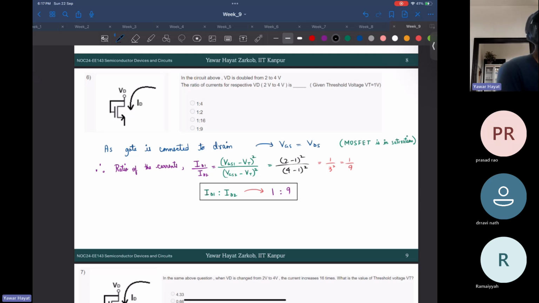Is this fine? That is what I had to compute. VT was 1 volt, that was already given. So ID1 to ID2 is 1 is to 9, so this is the correct option.